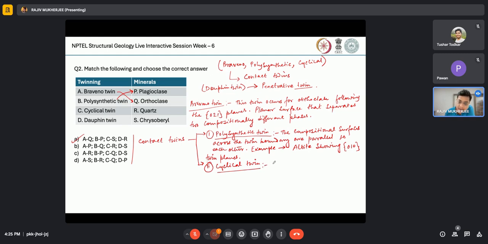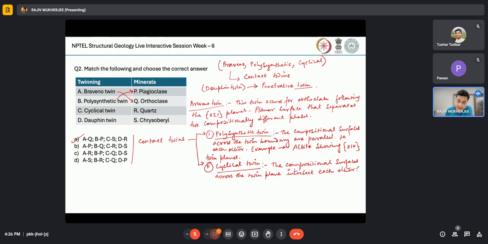So cyclical twin is where the compositional surfaces across the twin plane intersect each other. That means the twin boundaries occur as a crisscross pattern.